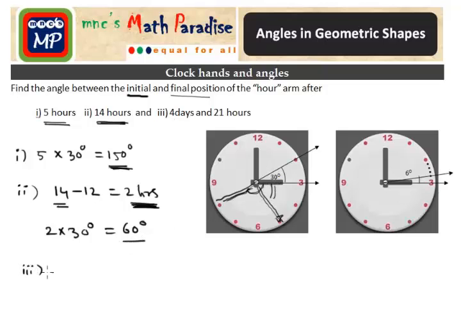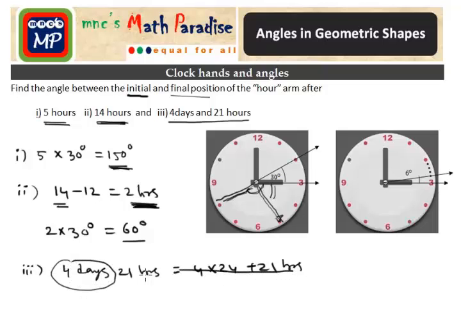Question 3: 4 days and 21 hours. First we could convert it into hours, 4 times 24 plus 21 hours, but we don't actually need to, because for 4 days, in every day the hour clock rotates 2 times.